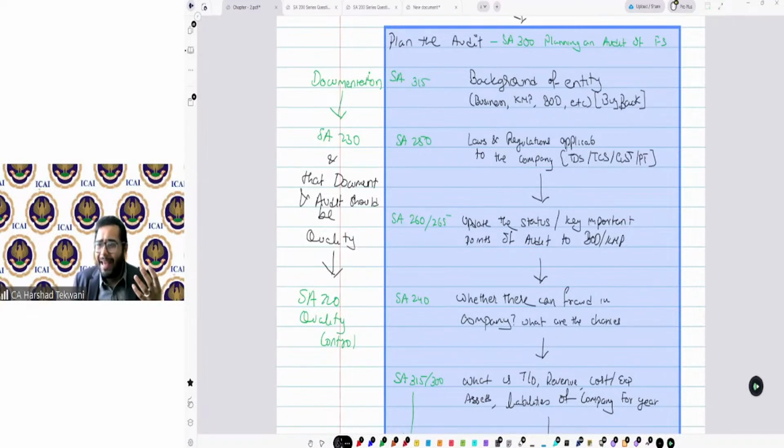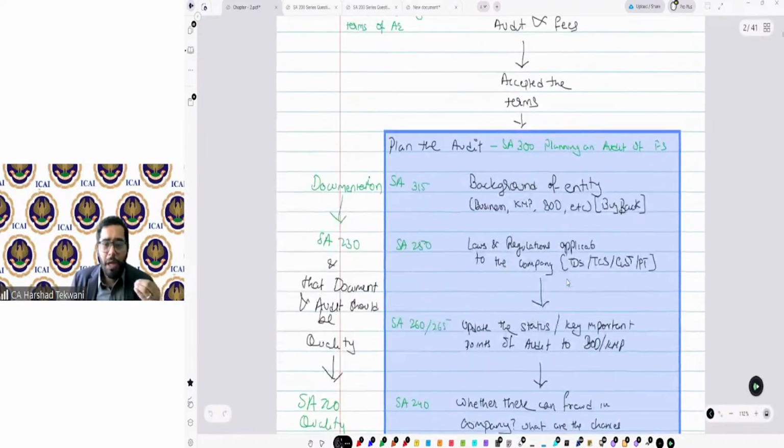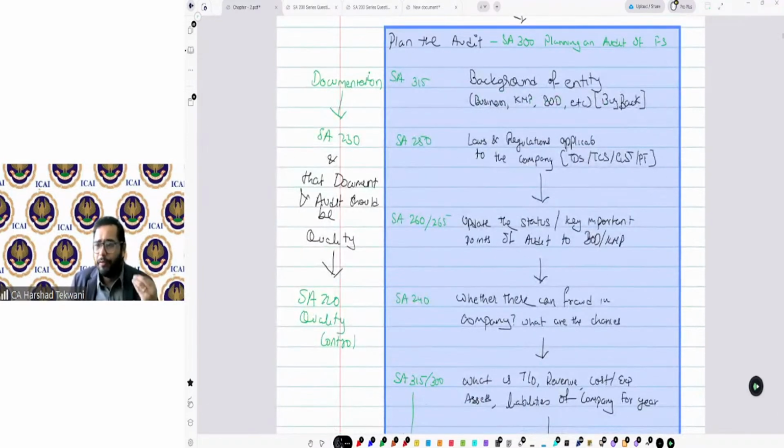And this overall objective can be achieved if I plan and perform the audit as per the SAs. Because I told you that the SAs are a guiding path for us that guides what is required to be done, what is not, and how. So it becomes very important, a guiding path, following the SAs. And it's mandatory also.